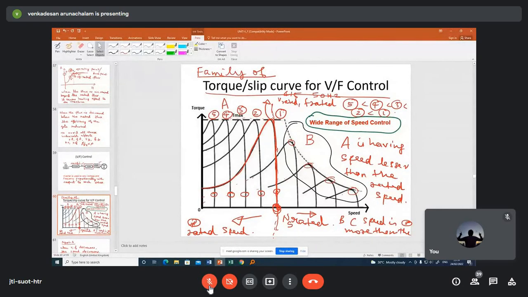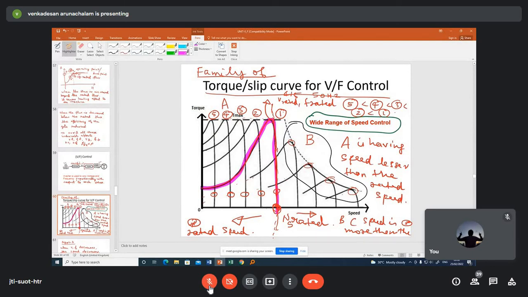The graph I have indicated in thick red color is the graph drawn for rated V and F. Now you are decreasing the frequency.